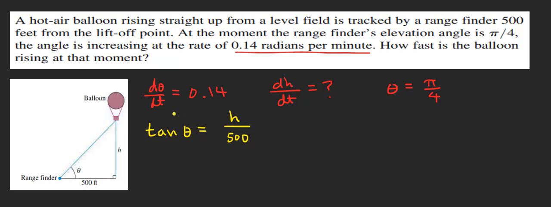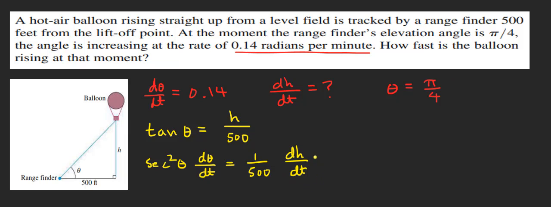Now we have to find the derivative of this with respect to time. So what's the derivative of tangent theta? Well, it's secant squared theta, and the derivative of theta is going to be d theta over dt. What about h over 500? It's going to be 1 over 500 times the derivative of h, which is dh over dt.